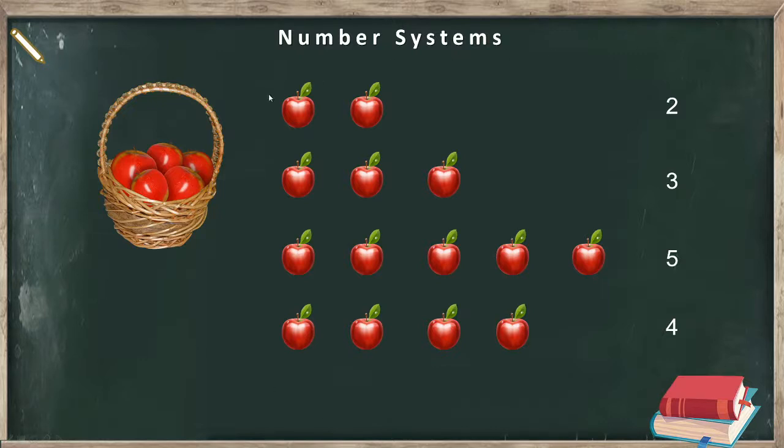By just looking at these numbers, can you understand who gave me the apples and who took apples away? It all looks like people gave me the apples, right?